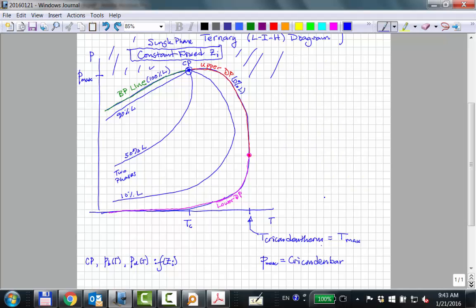But everywhere out there it's single phase. Now I'm going to draw one more here, just for the fun of it. Maybe 30% or something, maybe 20%.